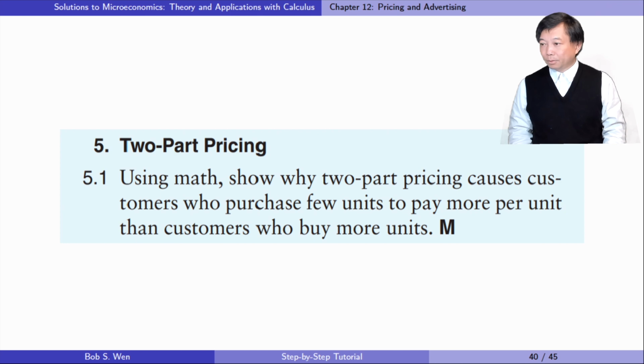Let's solve exercise 5.1. Using math, show why two-part pricing causes consumers who purchase few units to pay more per unit than customers who buy more units.